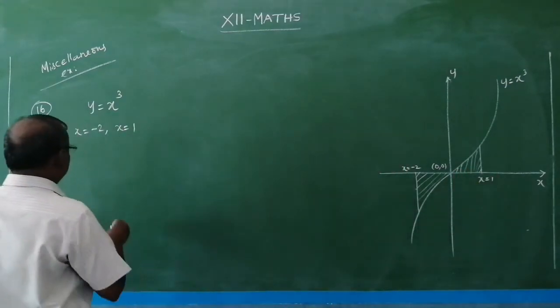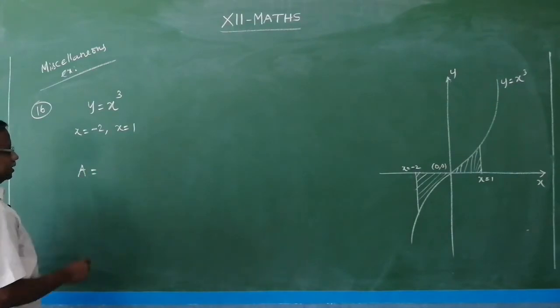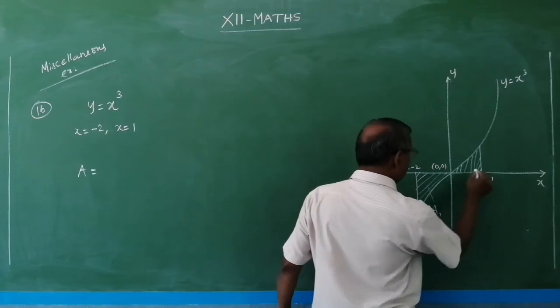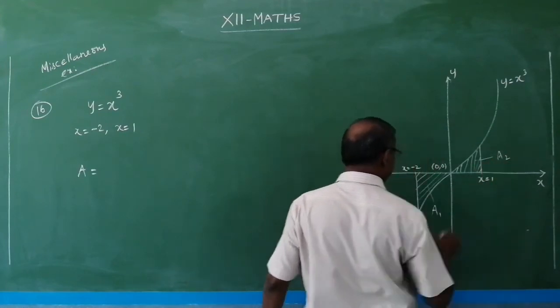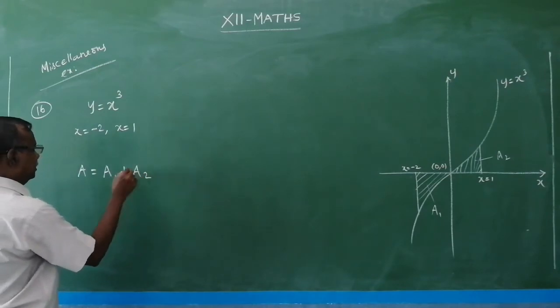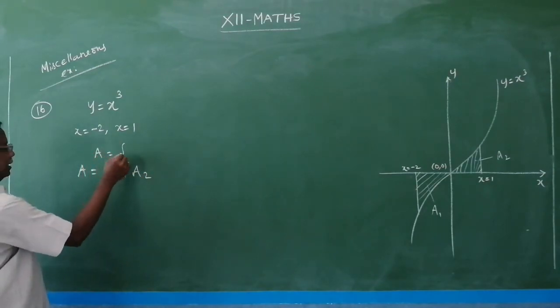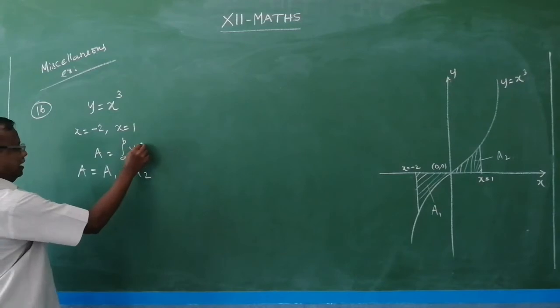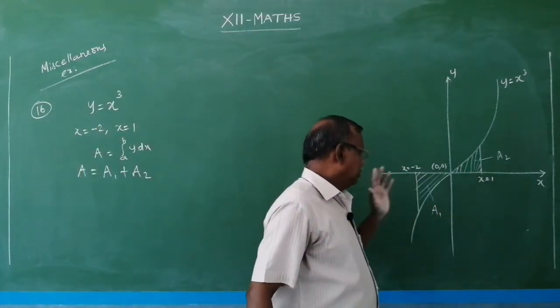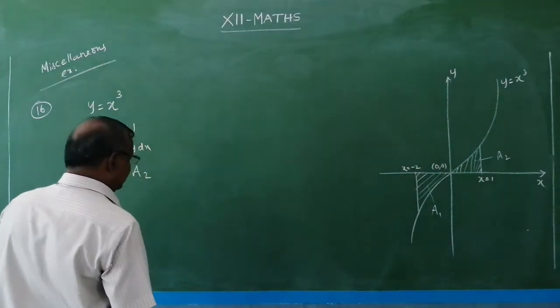So the total area consists of A1 and A2. Let this part be A1 and this part be A2. So A equal to A1 plus A2. Generally we know that A equal to integral a to b y dx, because the limits are on the x axis.